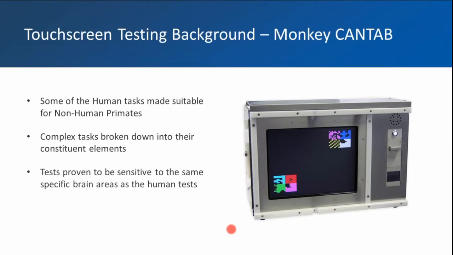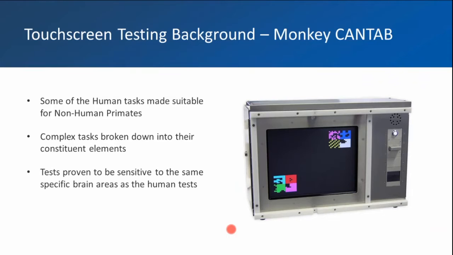As the Cantab tasks rely on a response to abstract shapes and are language free, it was felt that they could be adapted for use with animals to produce translational tests. To begin with, some of the human Cantab tasks were adapted to make them suitable for non-human primates, monkey Cantab.